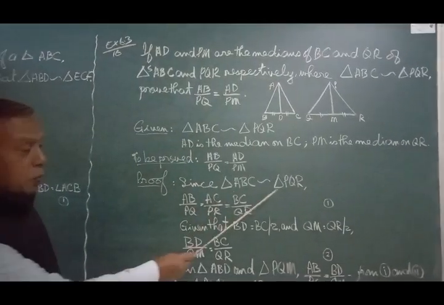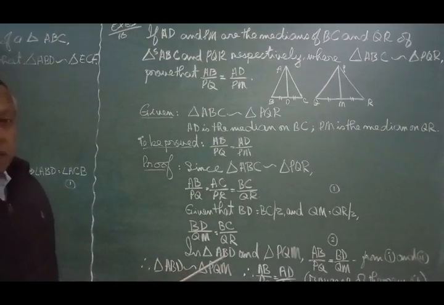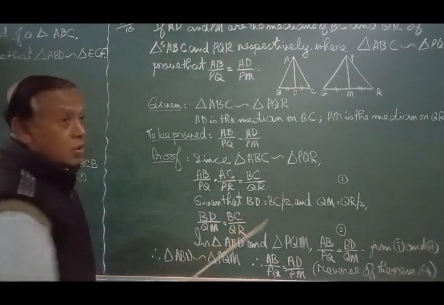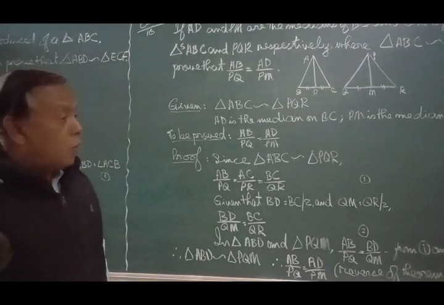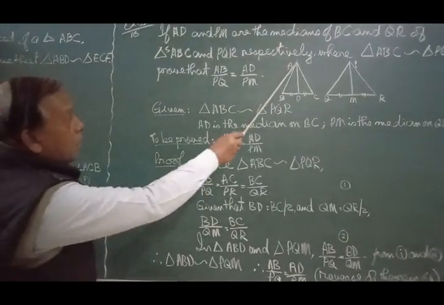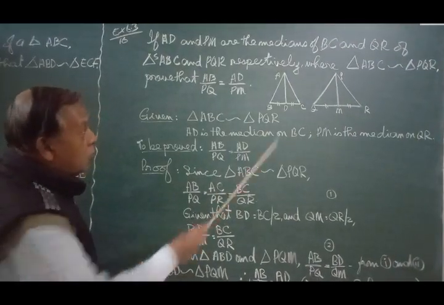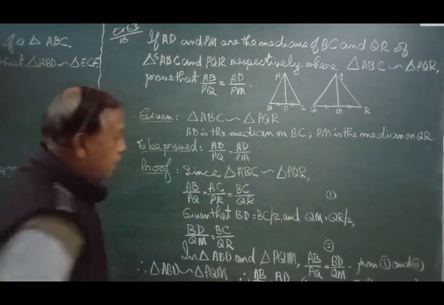Since they are similar, the sides are proportionate. Triangles similar, sides are proportionate, and that is the reverse of theorem 6.4 that we have already given. So therefore we say AB upon PQ is equal to AC upon PR is equal to BC upon QR.